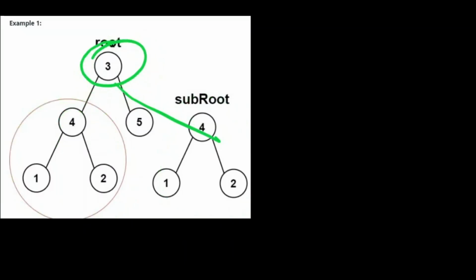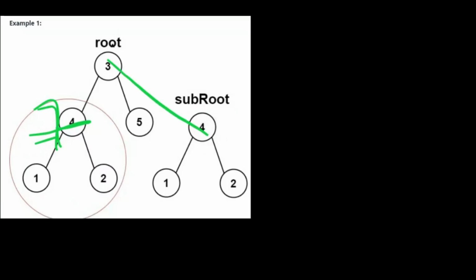Basically, if for instance this is 7 and this is not 4, we check, does this match? It doesn't match. Then we check its left subtree, it doesn't match, we check its right subtree, doesn't match. We check all of the subtrees, and if nothing matches the subroot given, then in that instance we don't need to traverse the body of any of the subtrees because we've not found a match.